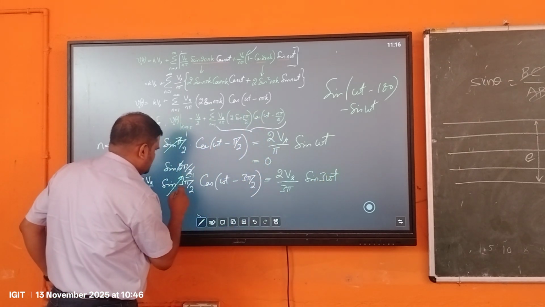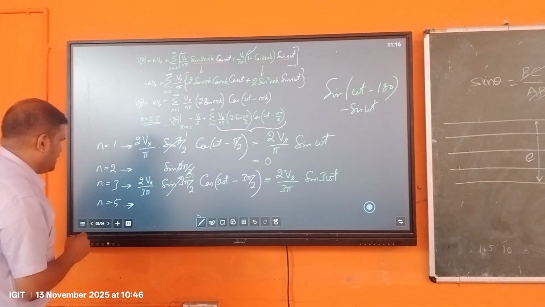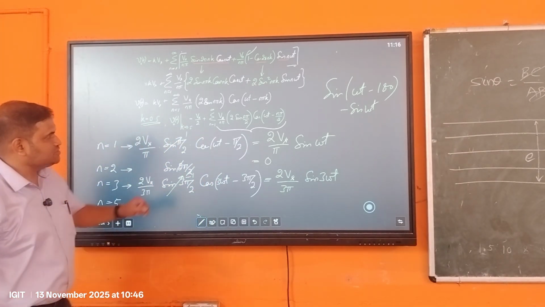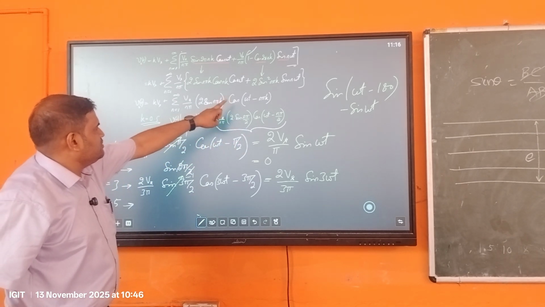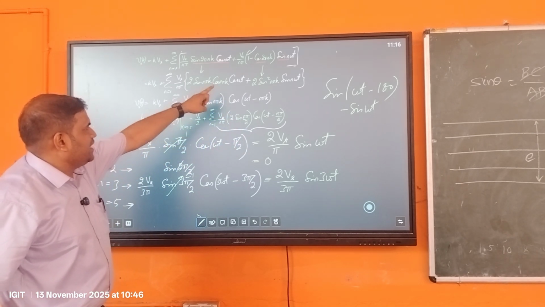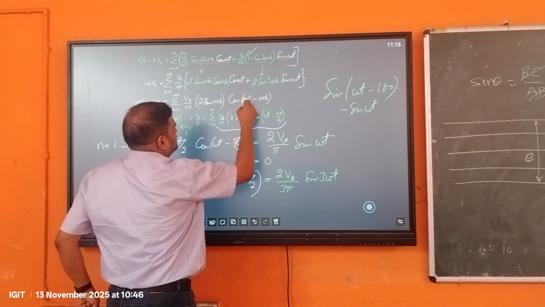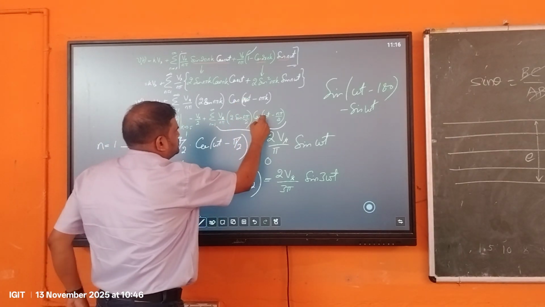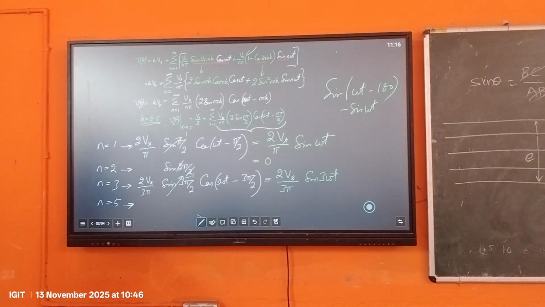I missed it here, this is cos of 3 omega t. I think here we missed one thing. This is cos of n omega t, no? So n is a term over here, n omega t, so the term n must be there here also: cos of n omega t minus n pi by 2.